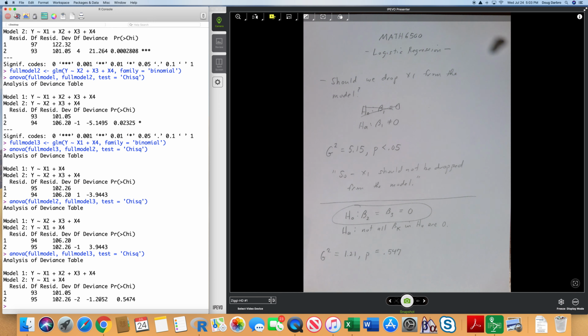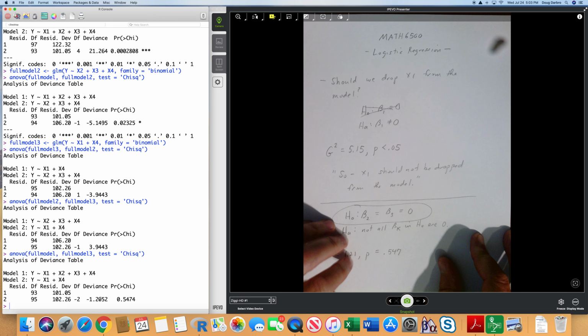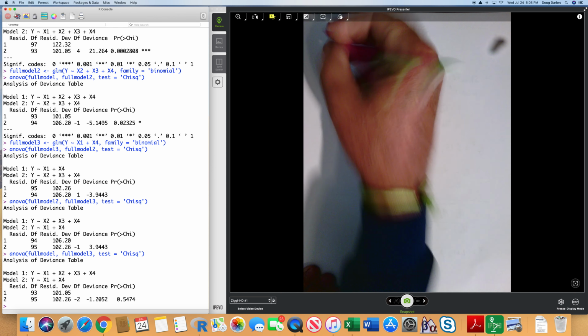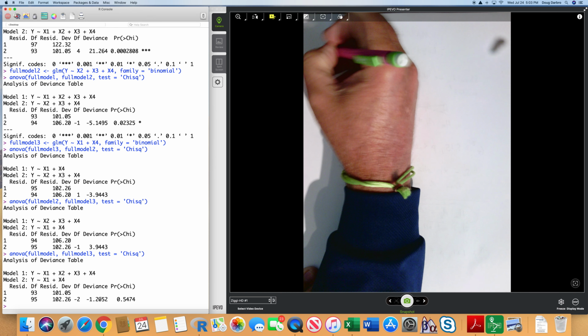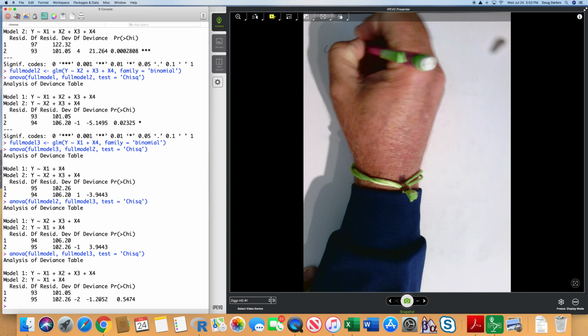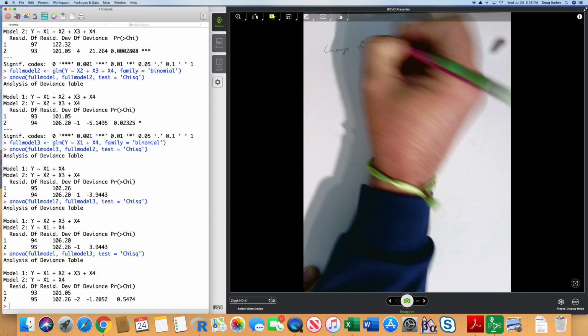Now, what I want to get into next is going to be tests for goodness of fit. So an overall model analysis, and what I want to look at here in this case would be the full model. So again, now change focus to what I would call a goodness of fit test.